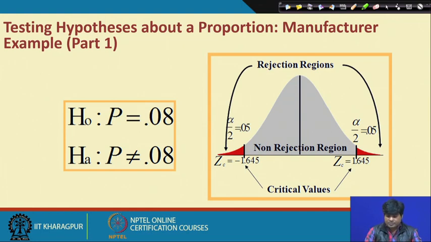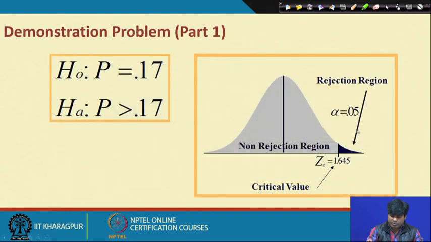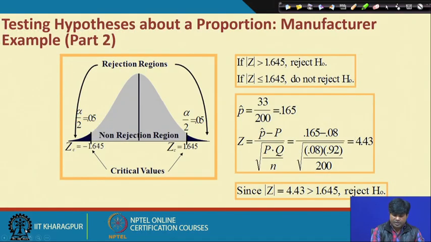In this case minus 1.645 is the critical value, and on the basis of sample information, your Z calculated is coming 4.43, so it is overtaking the critical value, and the straightforward decision is to reject the true null hypothesis, because 4.43 is greater than 1.645.